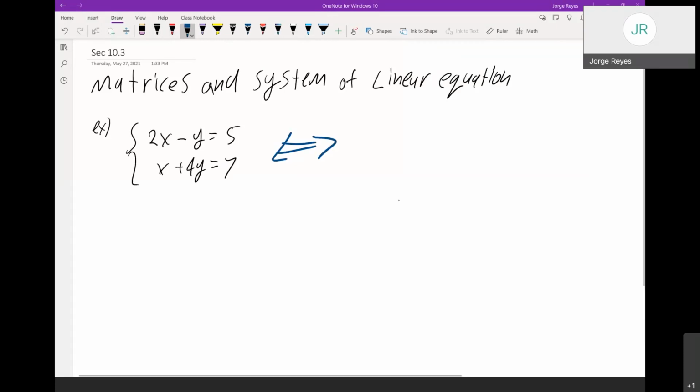What you do is this becomes a bracket, and then you just get rid of all of the letters. So 2, there's a 1 here, so 1, -1, 4. The equal signs become this bar, and then 5 and 7. This is called an augmented matrix.